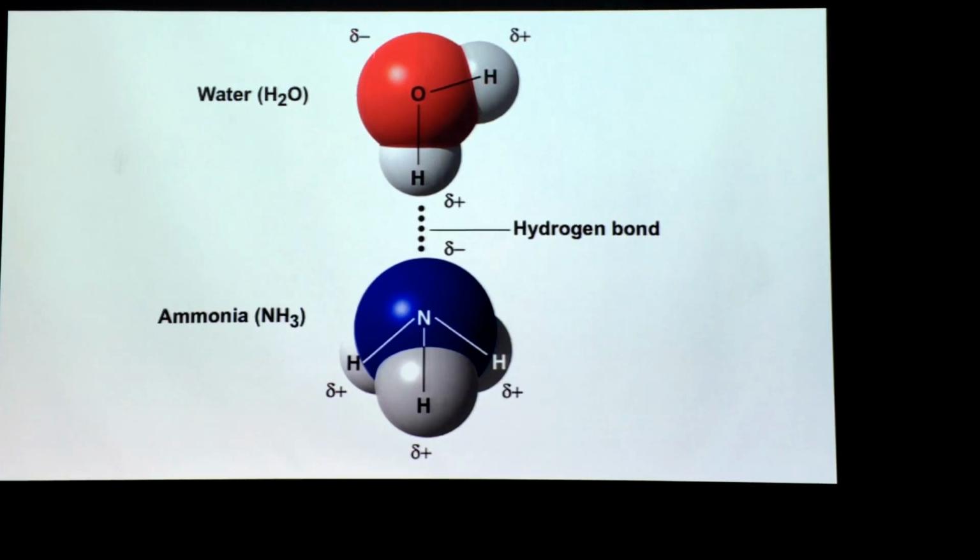And if it's partially negative and over here is partially positive, and another molecule close by is partially negative and on other areas of the molecule are partially positive, you'll have an attraction between the hydrogen and another atom of another molecule. That is hydrogen bonding.